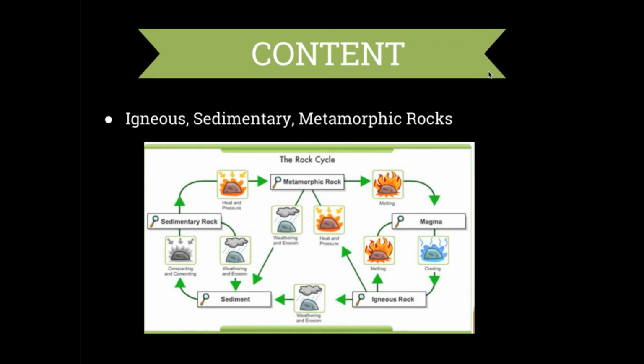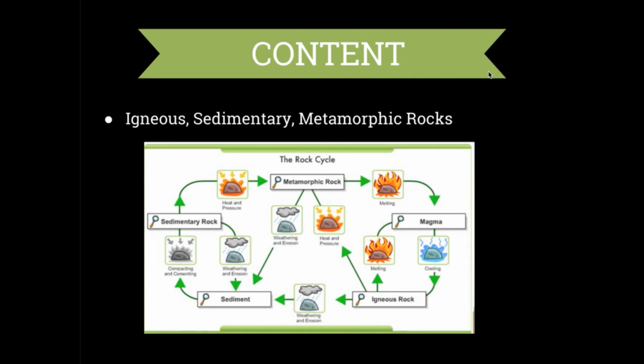And lastly, there are metamorphic rocks, and these are the result of rocks being subjected to really intense heat and pressure that ultimately causes them to change their shape and form. This process is known as metamorphism. Metamorphism can happen to both igneous rocks and sedimentary rocks, and even, I guess, other metamorphic rocks as well. It's basically a result of high pressure and heat that causes rocks to change their form.